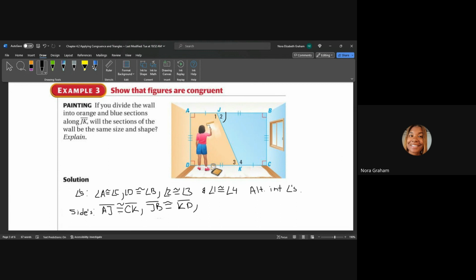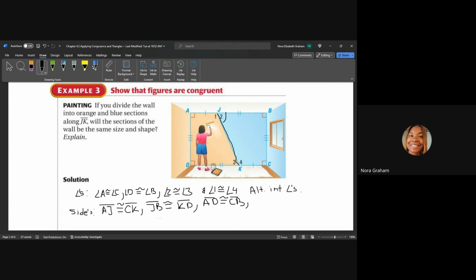And then we also have AD congruent to CB. Those are all given. Now, the last one we want to show is congruent is this JK.